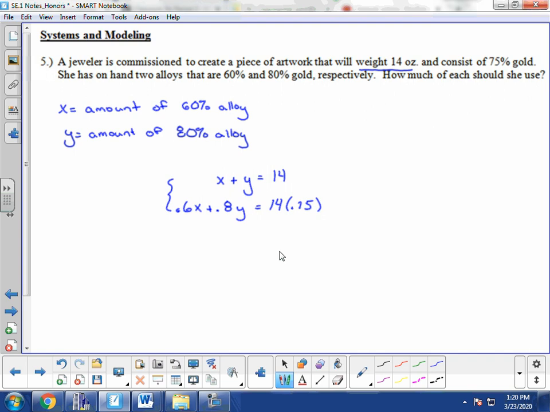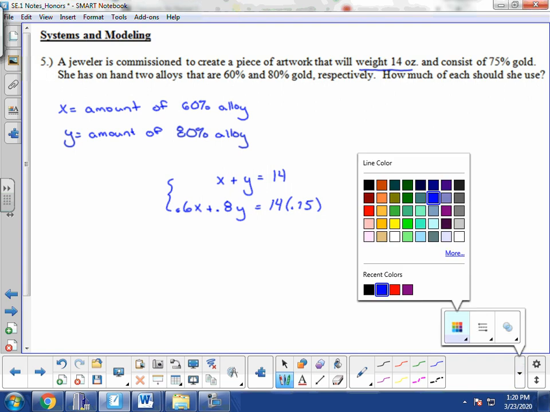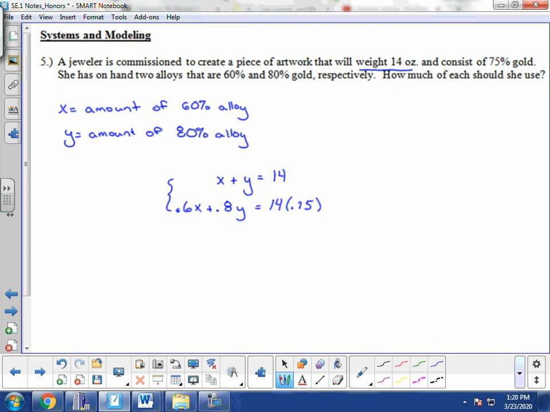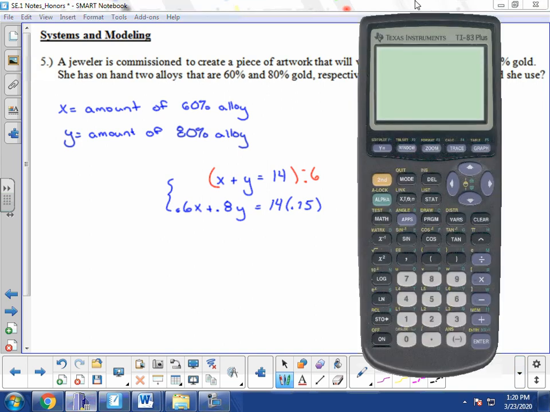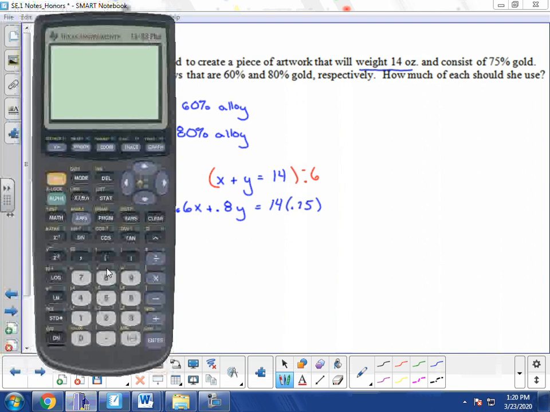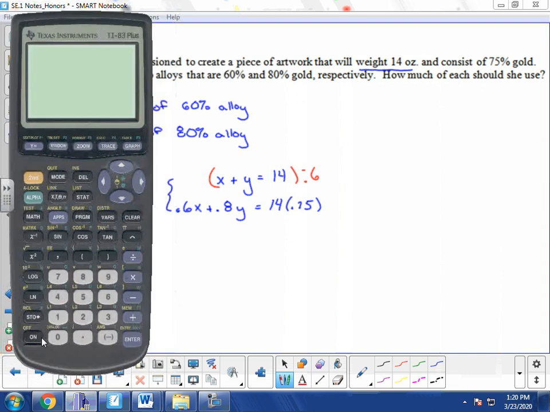I'm going to multiply this first equation here by negative 0.6. I'm trying to use both of these two to solve the system because we know there's two variables. So this is the only way. If we have two variables, you have to have two equations. You have to create a system to solve.